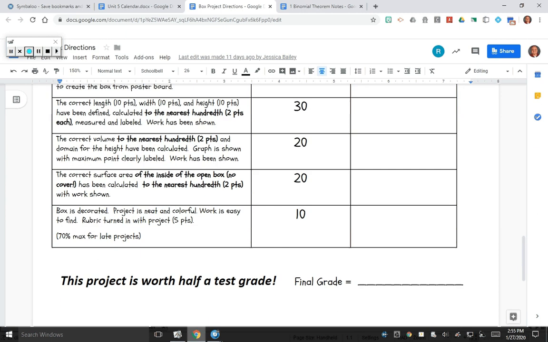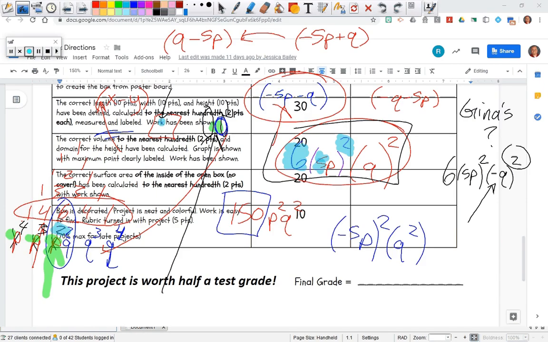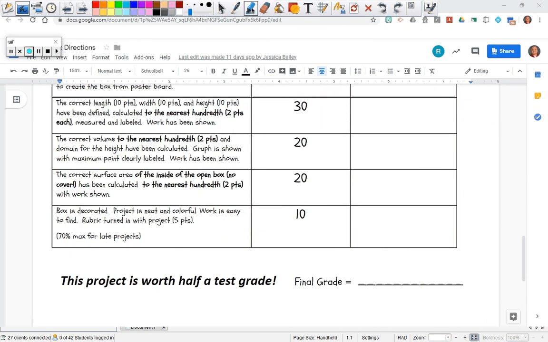For instance, someone asked me this, and I think the person's just overthinking, okay? The correct surface area of the inside of the open box. This third thing down. This is just specifically talking about the inside of the open box. No cover.